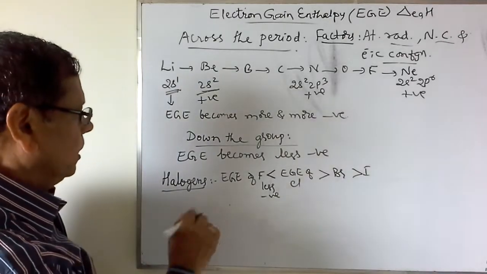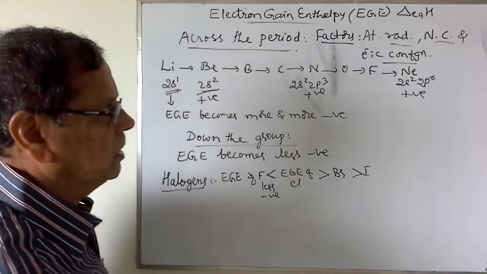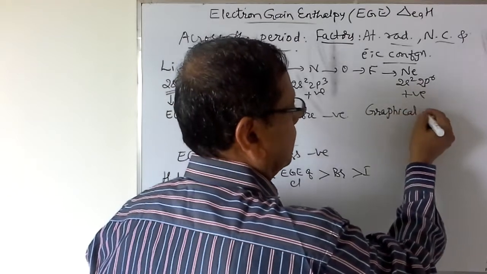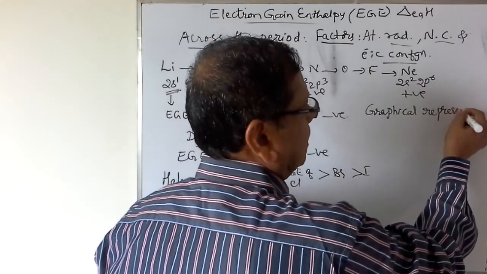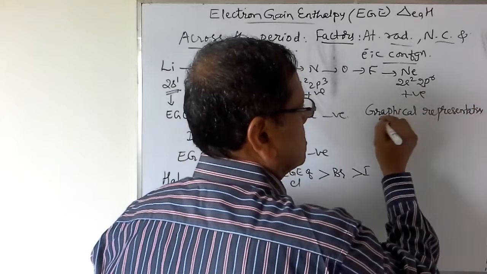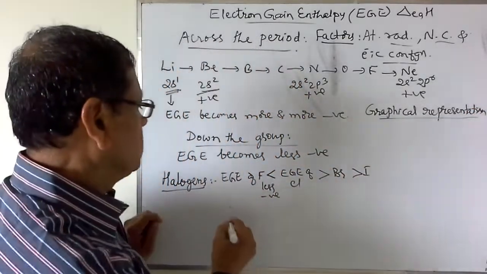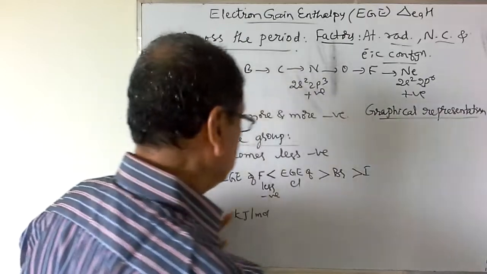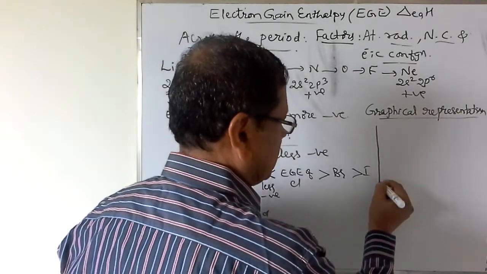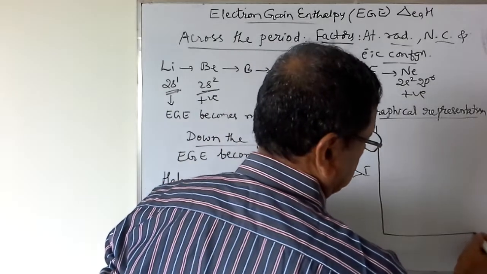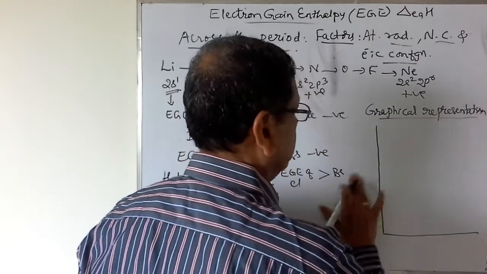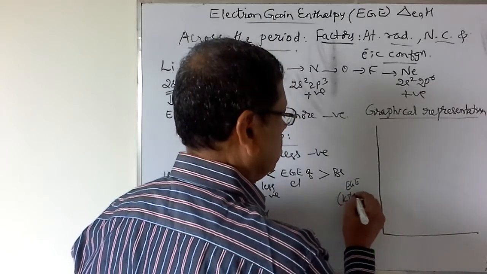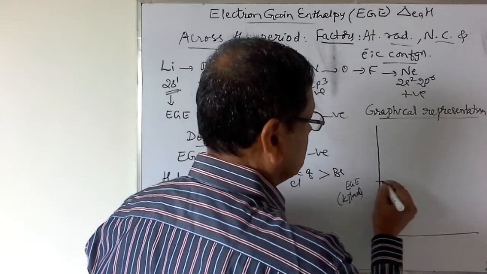Now let us consider the graphical representation of the electron gain enthalpy. As I told you, it is measured in terms of kilojoules per mole. So draw the y-axis. Here we have electron gain enthalpy, measured in kilojoules per mole. Assume that this is 0.